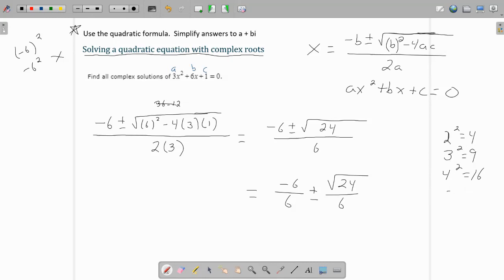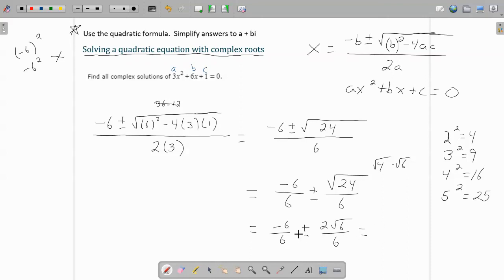So the biggest perfect square that goes into 24 is 4. So that's going to break down to radical 4 times radical 6. So we would rewrite this as, I'll simplify after, radical 4 is 2. So we get 2 radical 6 over 6.